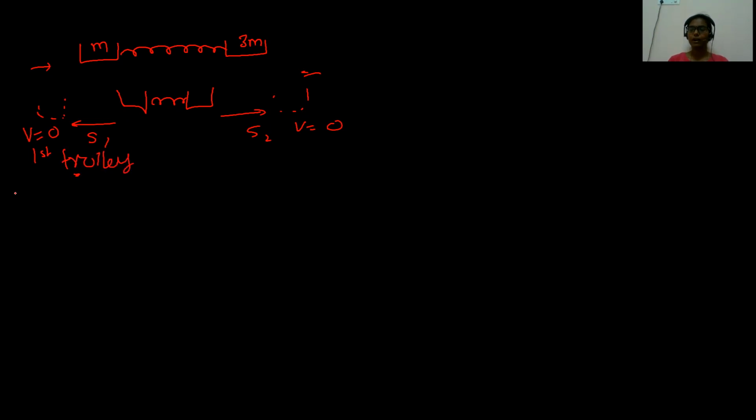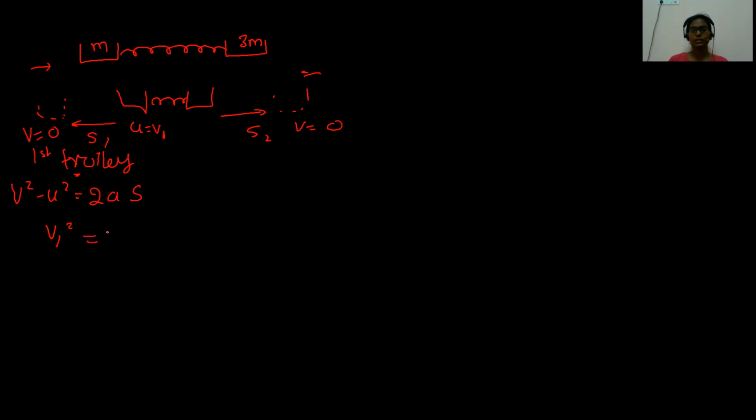See, let us take the first trolley. V square minus U square is equal to 2 into a into s. Imagine, this is the second equation of motion, where the initial velocity is V1. Let us take V1 as the initial velocity. Since it moves in the opposite direction, the minus sign will come and minus becomes plus.